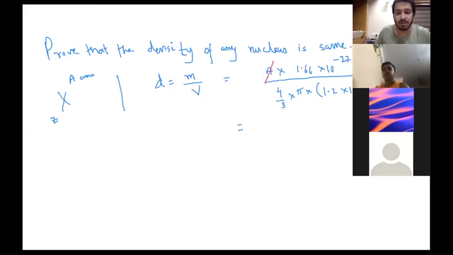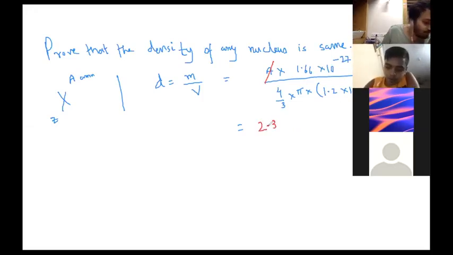Let's not cut the 3 away. This A and A will get cancelled. So how much is this value coming to? Please solve. It will come to 2.3 into 10 to the power 17 kg per meter cube.